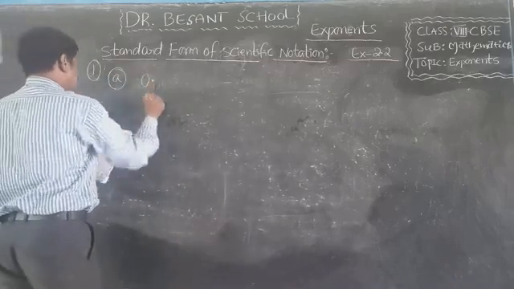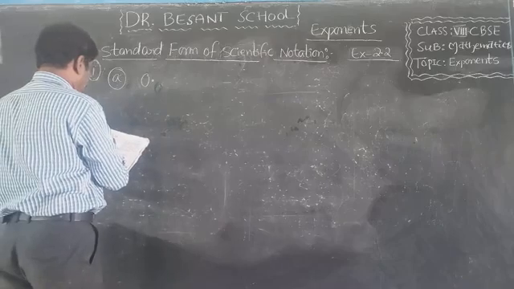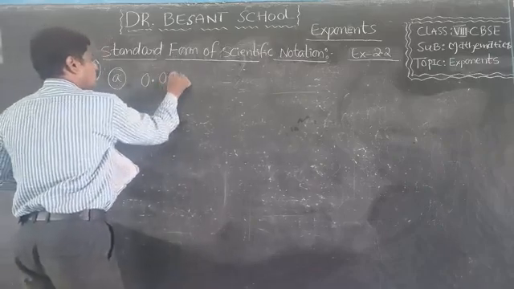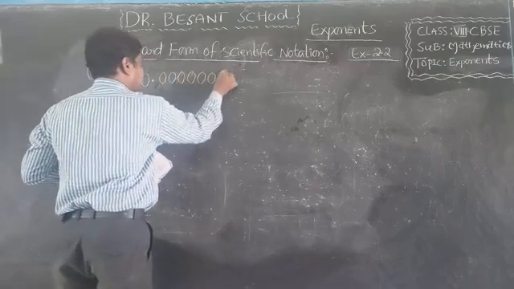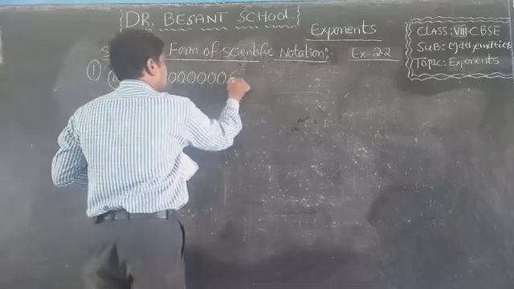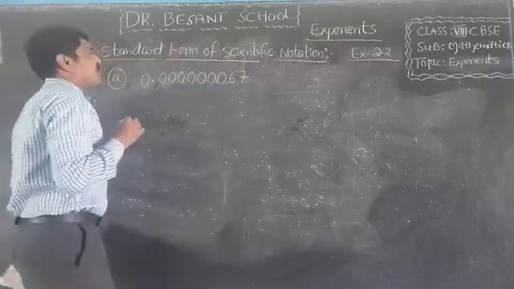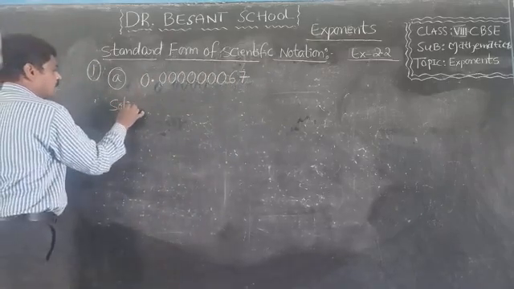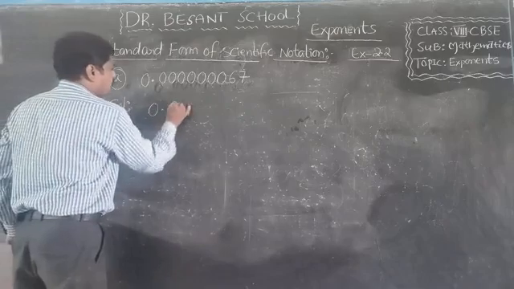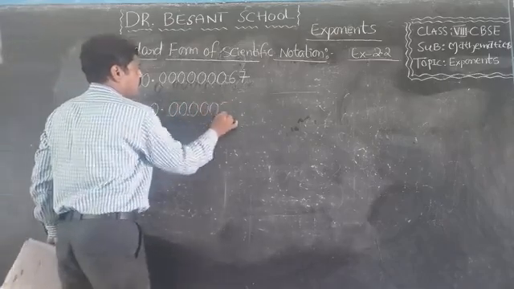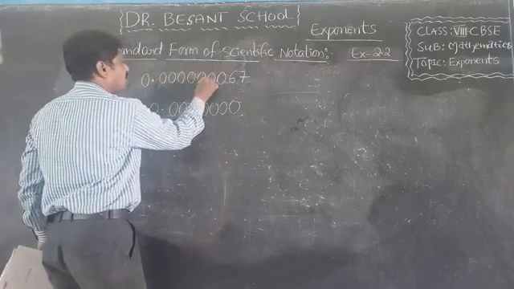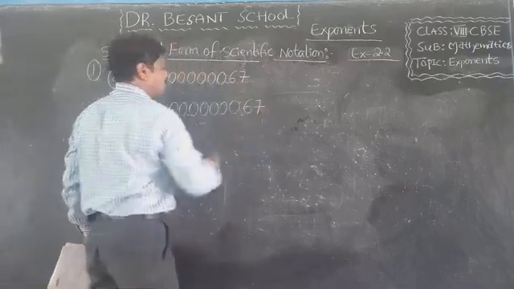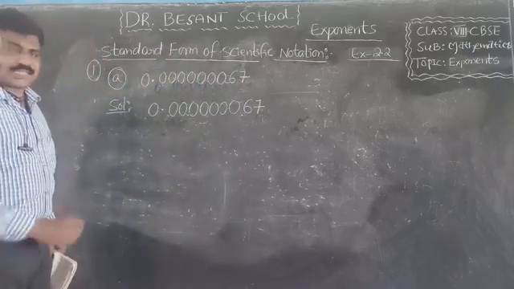Zero point zero zero zero zero zero zero one, two, three, four, five, six, seven. Standard form of scientific notation. So in this one, 0.0000000 1, 2, 3, 4, 5, 6, 7. Again 6, 7. First we have to write like this.